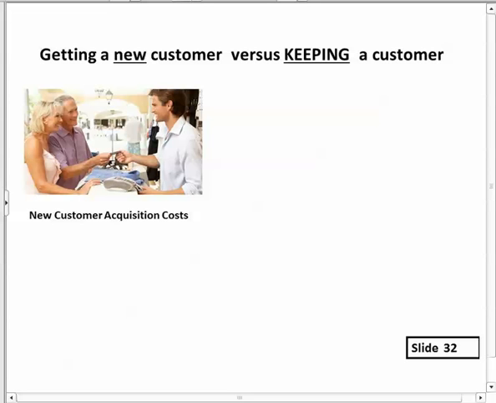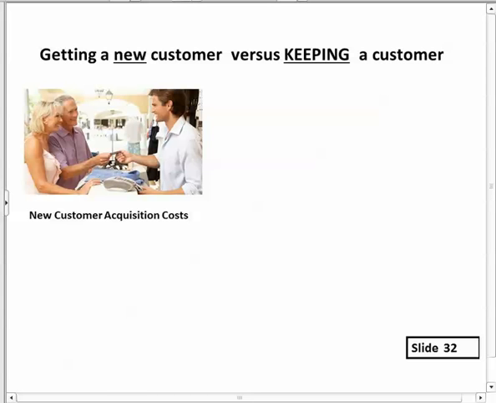Okay, so all those involve what we call acquisition costs. So it takes a certain amount of money invested, whether it be time, employees' time or whatever, in order to get a customer to commit to buy from you.